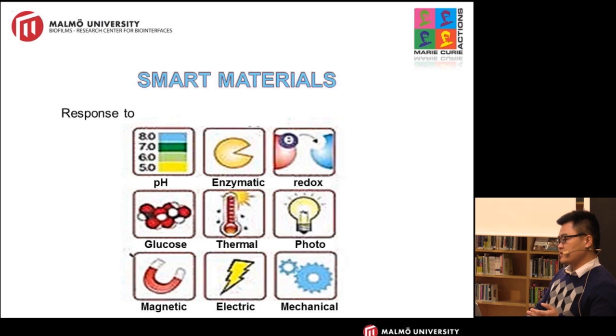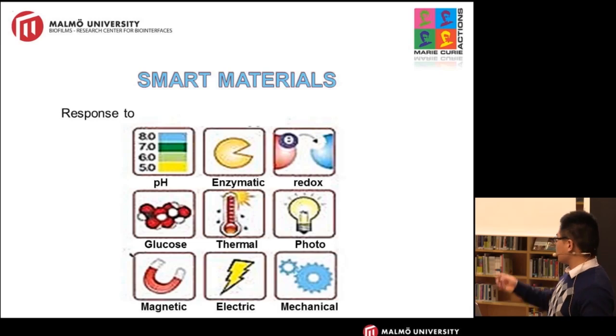We can even prepare materials related to bio-related molecules like glucose. Also in our daily life, when you play with your iPad or iPhone and touch an icon on the screen, you can open the corresponding app you want. So this is also a smart material, based on electrical and mechanical properties. So it's very useful in our daily life.